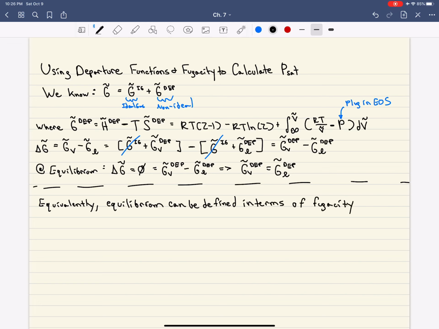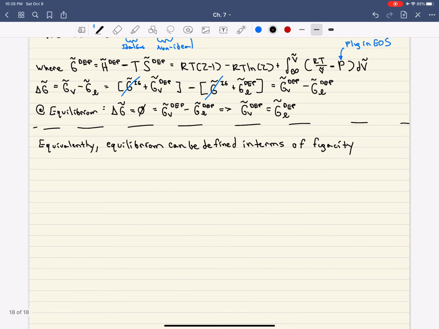Fugacity, which is commonly abbreviated as F, is just defined like this. Fugacity is going to be your pressure times the exponential of your g departure function divided by RT. That's just mathematically what fugacity is defined as.